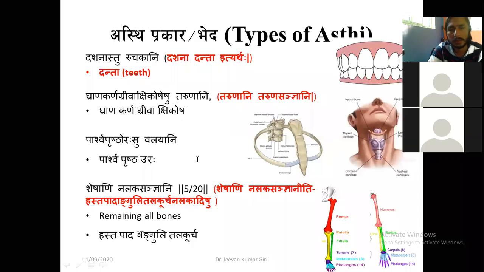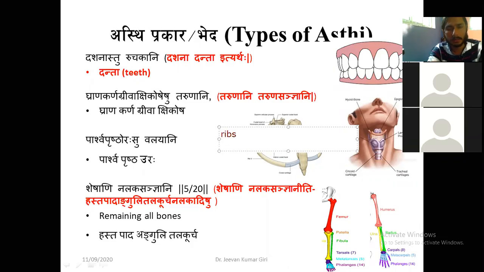Then the Ura, the bone related to Ura is in the chest region, or breast region. So this is the sternum here. Then the Pristho in the back region, that is the vertebra. These all are the Balaya Asti. Now see here Parsho: you can consider the ribs.